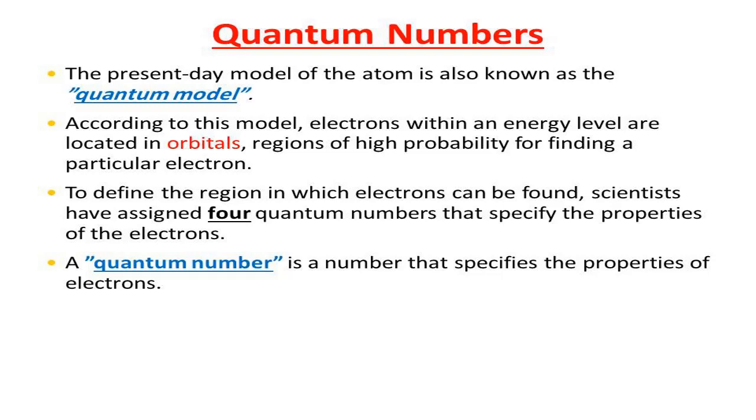But the excited state of an atom means that this atom gained a certain amount of energy, which made the electrons go to higher energy levels. So there are two types of atoms: one at the ground state, the lowest energy state, and the other at the excited state, the state in which an electron has more energy than it does at its ground state.